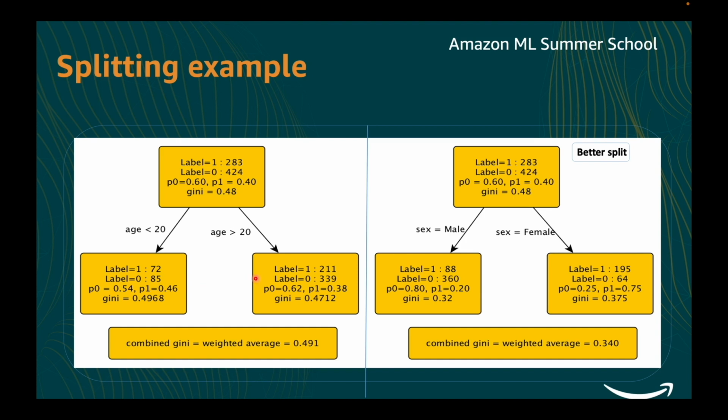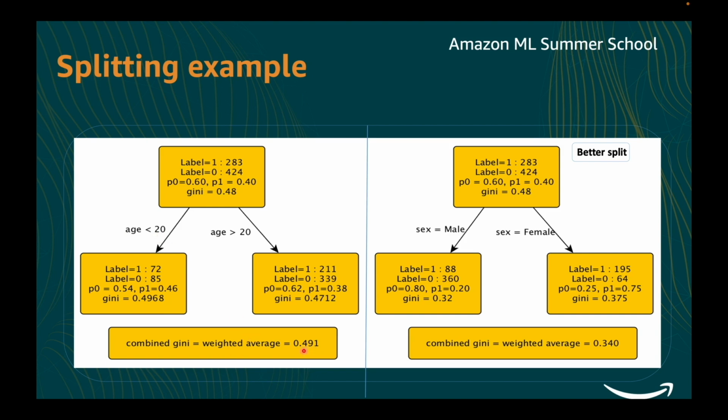The sum of those two gives you the weighted average. So you calculate the weighted average using this split criteria, and this is your Gini impurity on using age less than 20 as your splitting criteria, right?